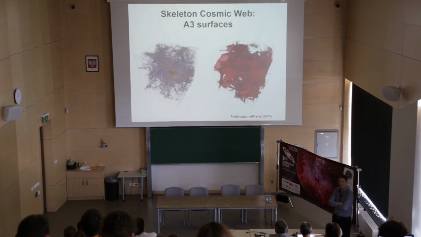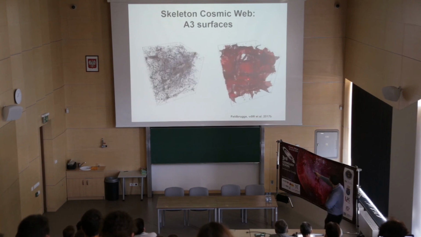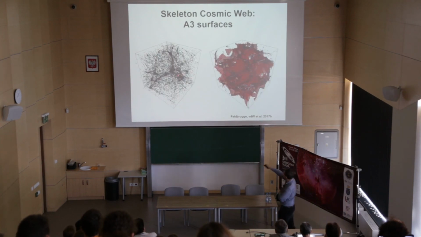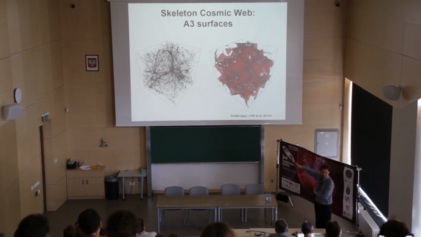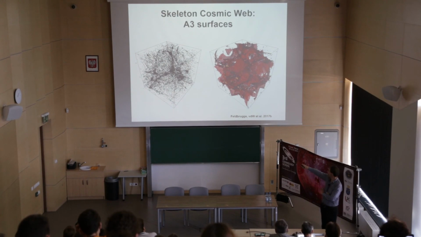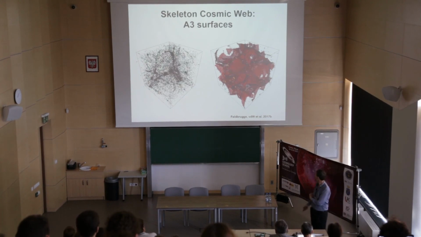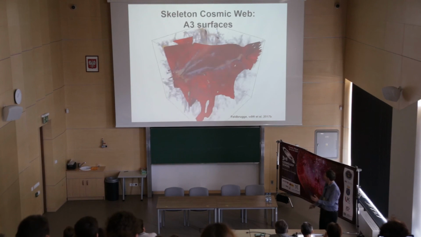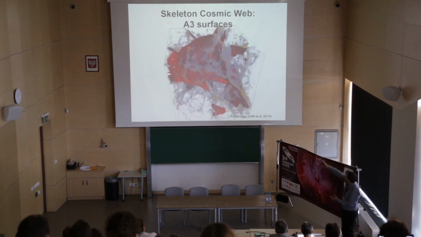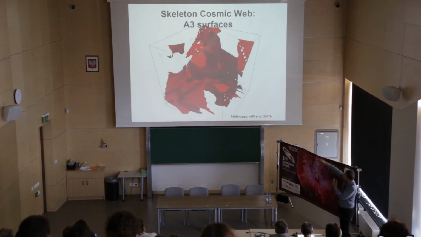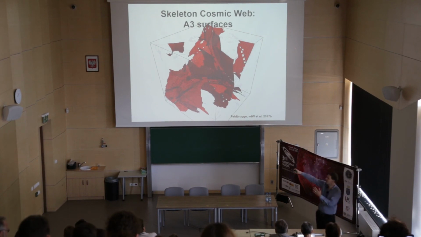So here you see what he did. You see here the sheets that are forming in this particle distribution. Now I leave it up to you to judge what is better rendering of the underlying structure. Here's the sheets, there's the particle distribution. Here you see the sheets, and on top of it you see the density field, and you see that he basically managed to identify the sheets.